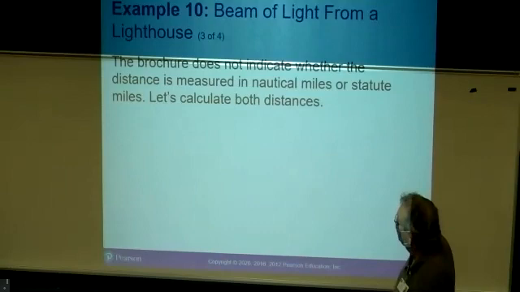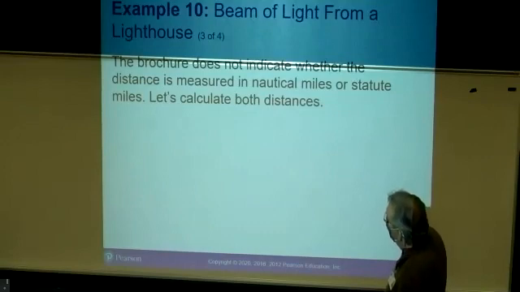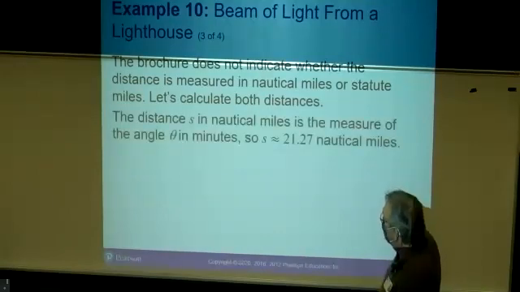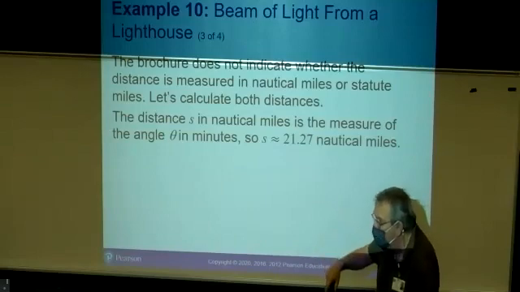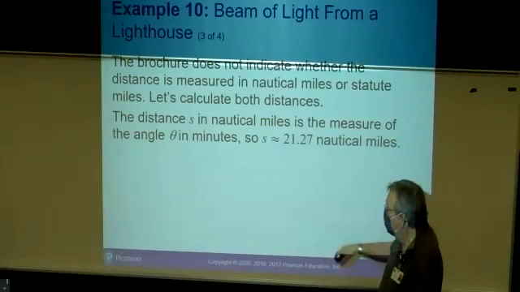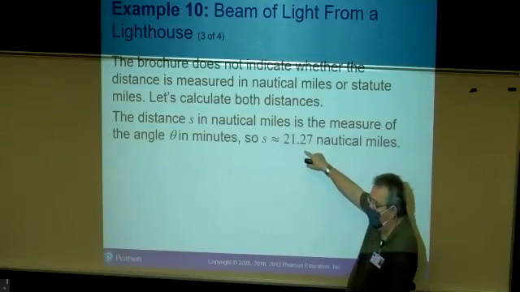And the brochure does not indicate whether the distance is measured in nautical miles or in statute miles. Calculate both distances. 1 nautical mile is the length of 1 minute. So that 21.7 minutes of that angle measure is how many nautical miles it is.